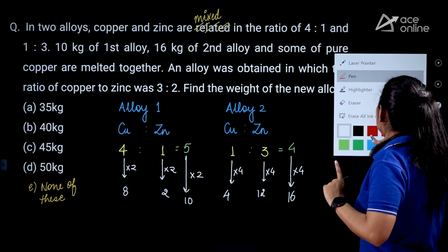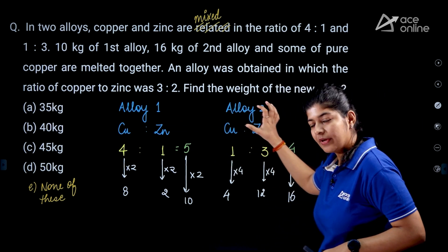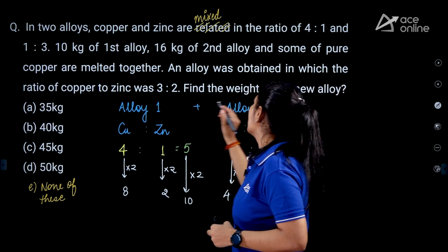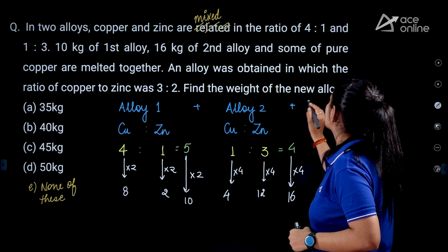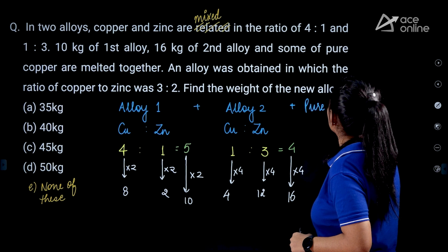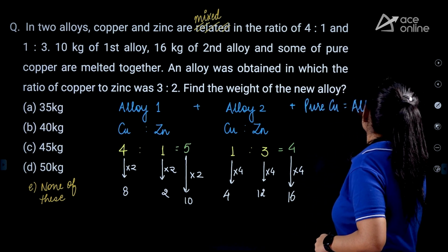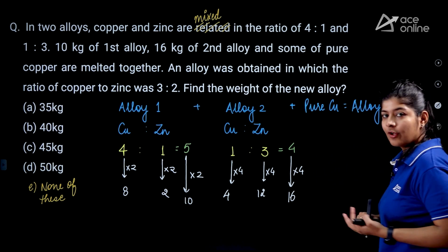Now, for the new alloy, we are mixing these two alloys, but apart from that, we are also mixing some pure copper to make our third alloy, or the new alloy.